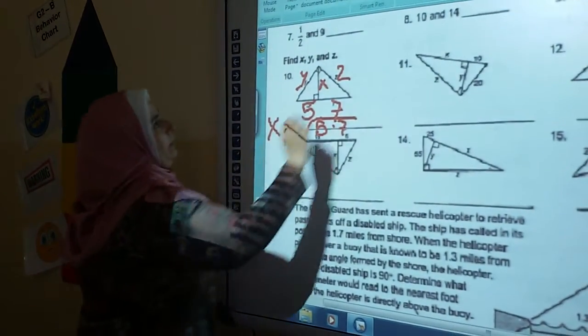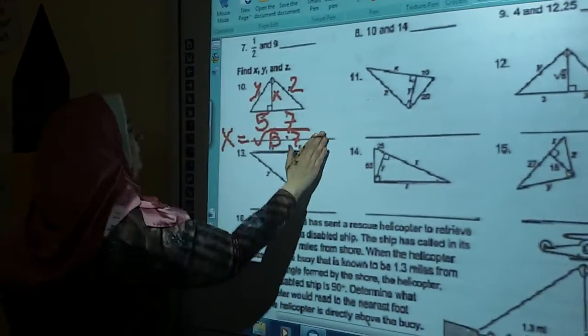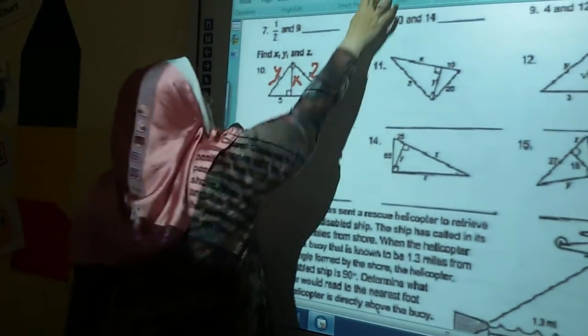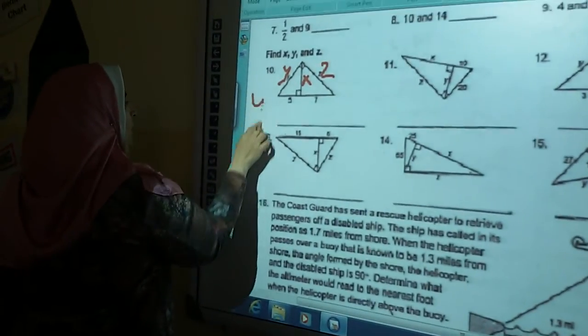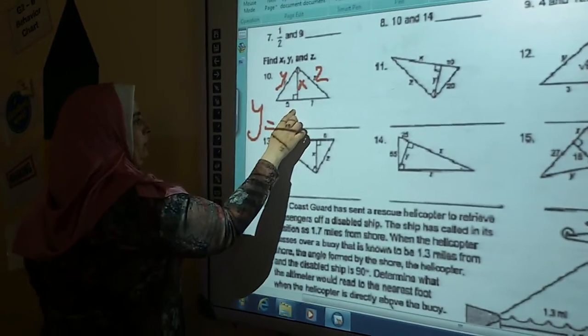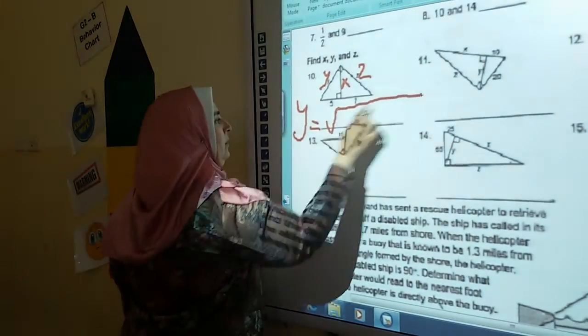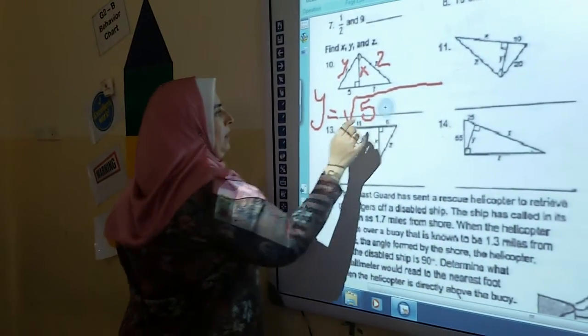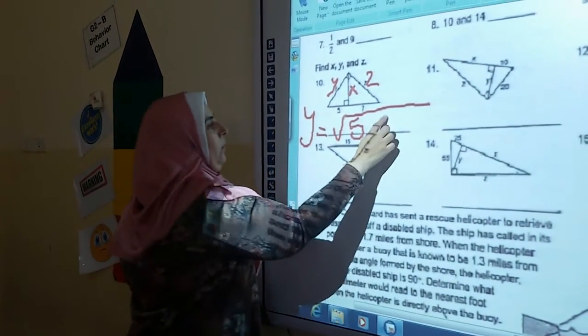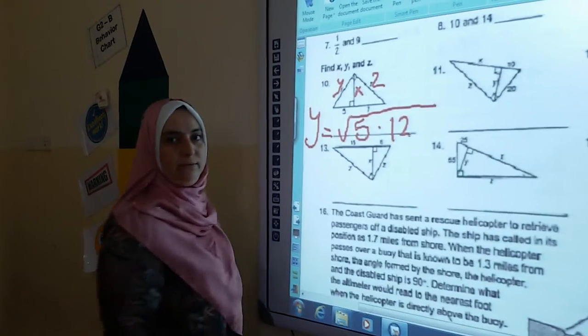Okay, let's see. What if I want y? Y equals the square root of the closest part, which is 5, times the whole side. This is 5 and this is 7, so the whole side is 12.